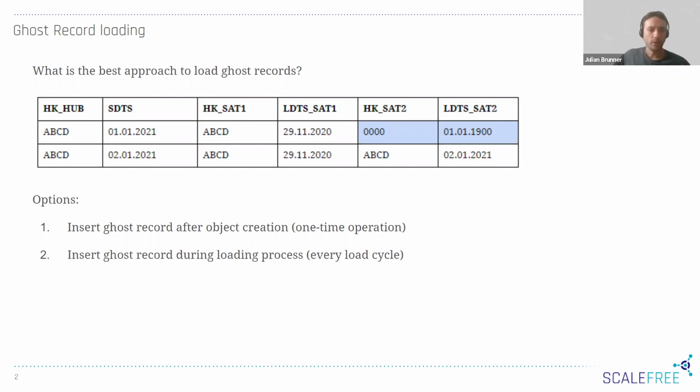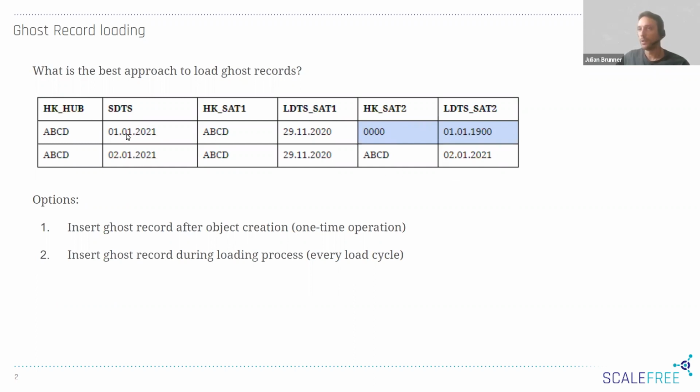Imagine the situation if somebody truncates a table. That is an issue with the first option, because it is only a one-time operation. And if you're missing the ghost records, you will have null values instead of the ghost record, and an inner join to this PIT leads to the issue that you will miss the whole record in the dimension.